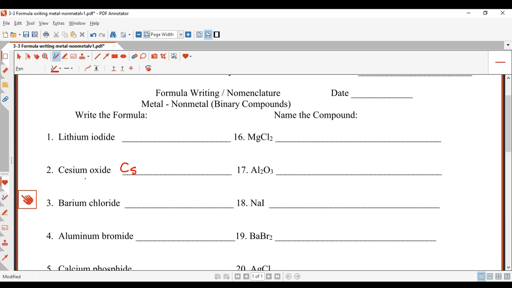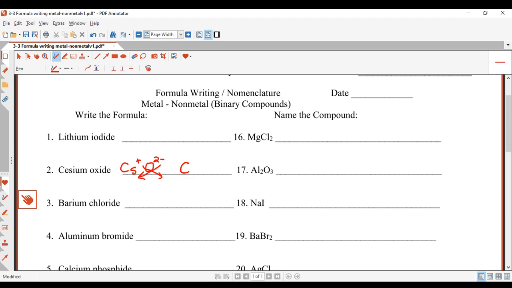So we know cesium is in group 1. Everything in group 1 is going to be +1. Oxygen is in group 16. Everything in group 16 is -2. We do the crisscross method. Bring those over. The absolute value of those will become the subscripts on the opposite element.